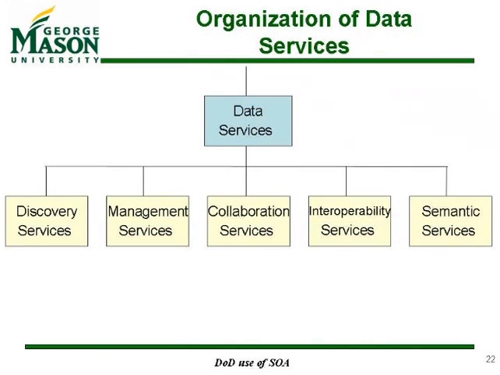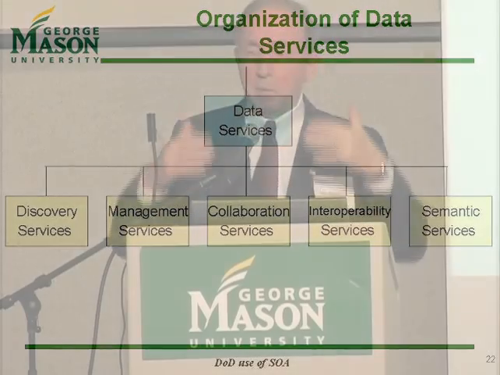So let me take the most important piece of the infrastructure service, which is data services. You need discovery services, management services, collaboration services, interoperability, and semantic services. And each of them can be broken down. But we understand what it takes to do data services. It is a big deal. Ladies and gentlemen, it's a big deal.